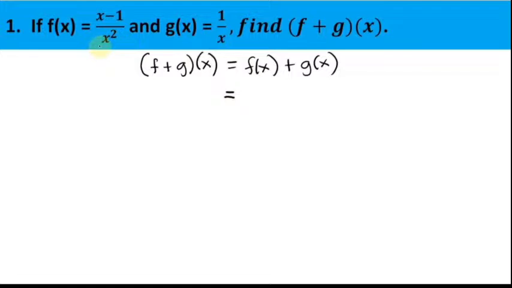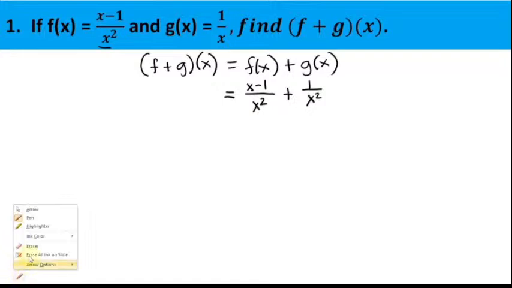So ang value ng f of x is x minus 1 over x squared, plus value ng g of x, 1 over x. Okay, next you need to find the LCD.